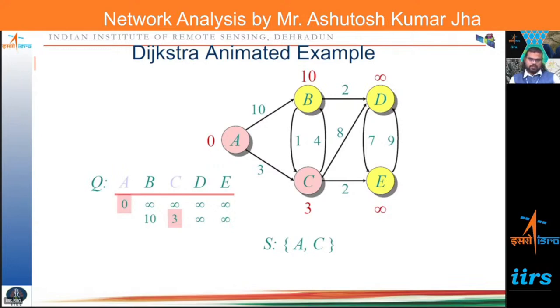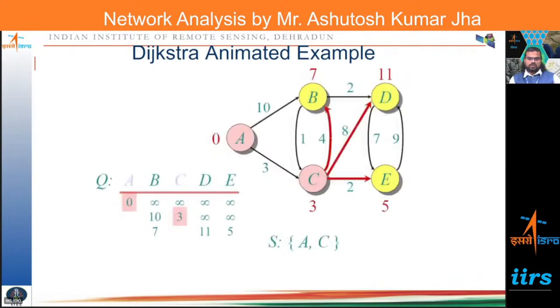A and C have already been reached. Now we look at the remaining B, D, E, and which of them are closest. We see that from A and C, the closest nodes are three different nodes, C to D, E is available, and apart from that A to B is also available.